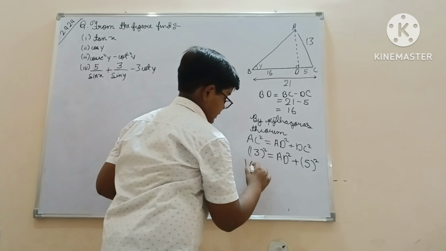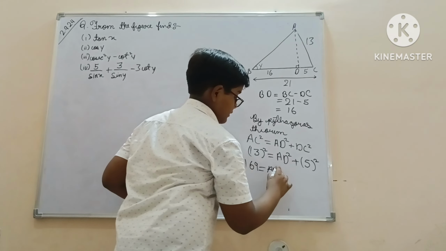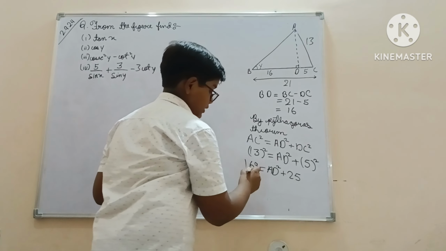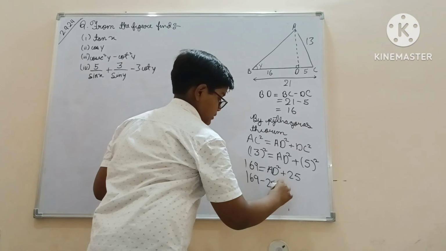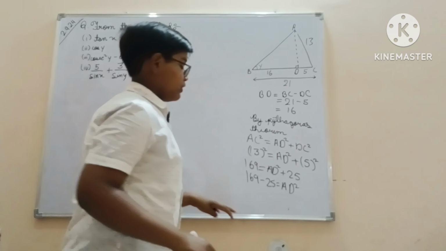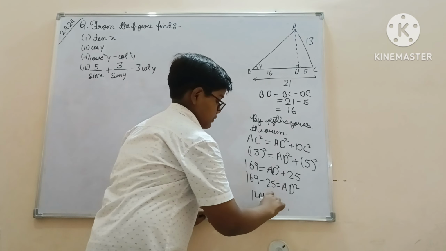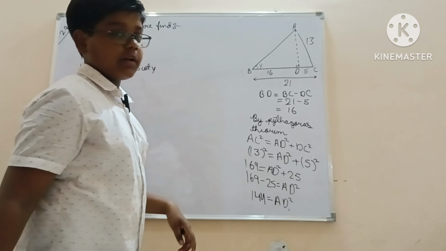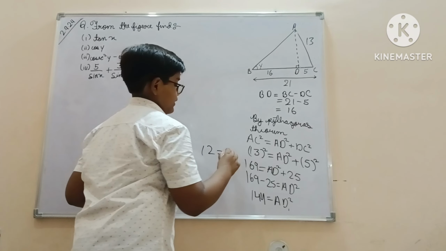Now 13 square is 169 and 5 square is 25. The 25 will come here and subtract from 169 and give us the value of AD square. Now 169 minus 25 is 144, which gives AD square. Now 144 is the perfect square of 12, so these two will get rooted and we will find our value of AD as 12.